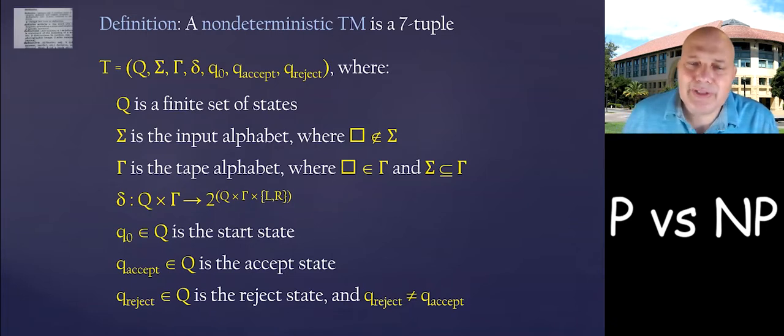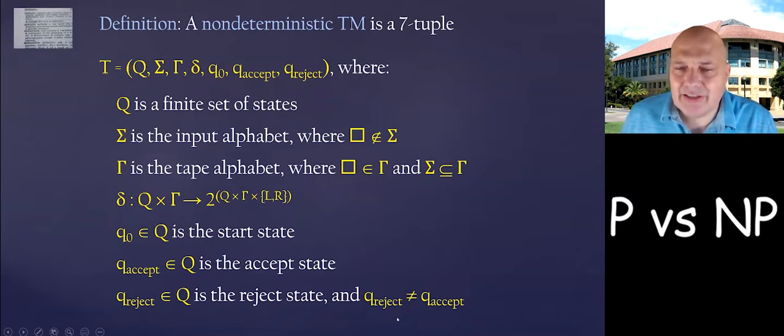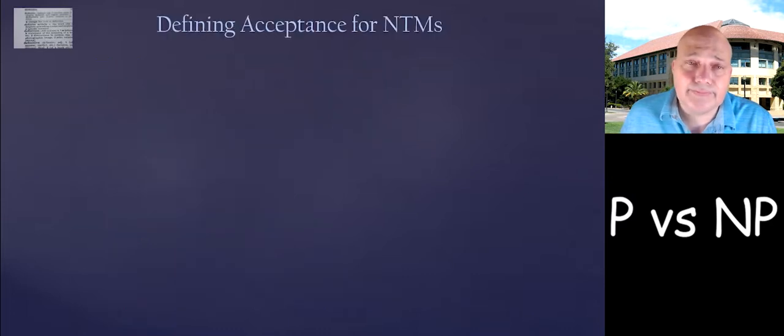So instead of specifying what state you get into, what tape symbol you're writing, and whether you're going left or right, it can specify many possible transitions. Q0 is still the start state, Q accept is still the accept state, Q reject is the reject state, and these are different. Q reject is different than Q accept. So almost exactly like the definition of a Turing machine, apart from the transition function being more general. Instead of outputting a single transition, it outputs a subset of all possible transitions.